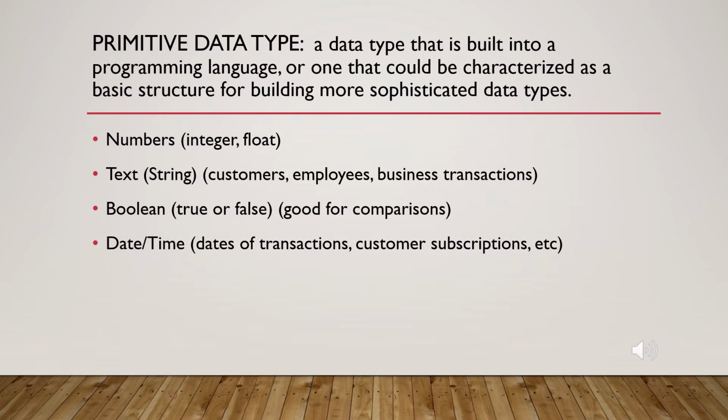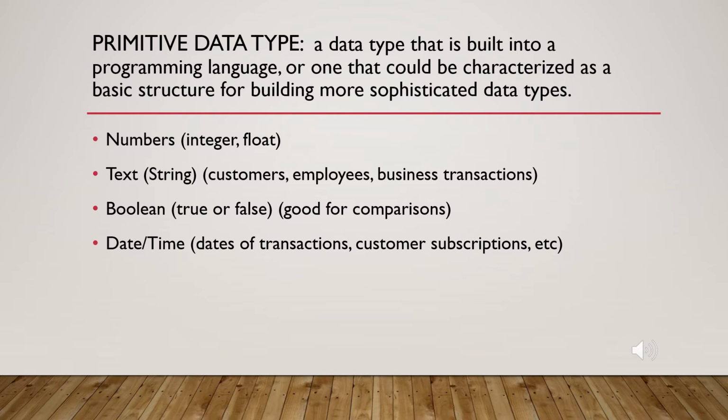Now, these things are good for business because you're going to need numbers for all kinds of things. You're going to need numbers for transactions, you're going to need numbers for quantities, including inventories, customers, employees, and things of that nature.